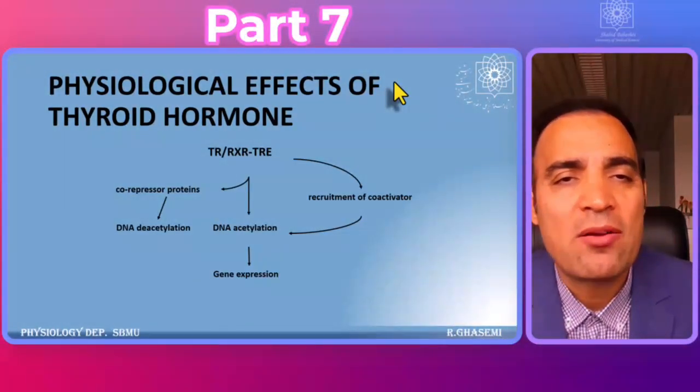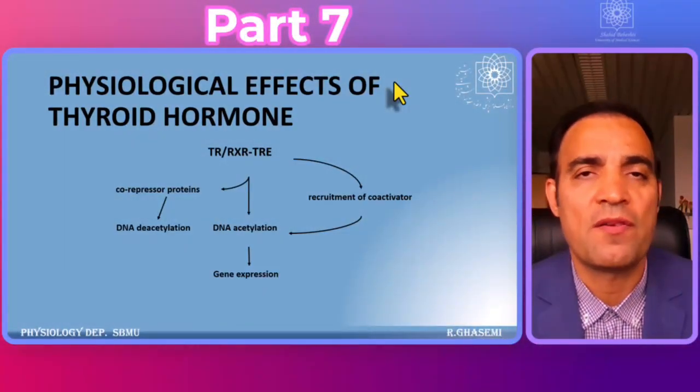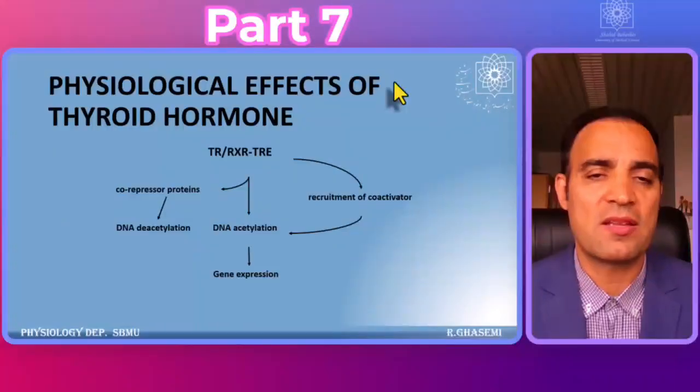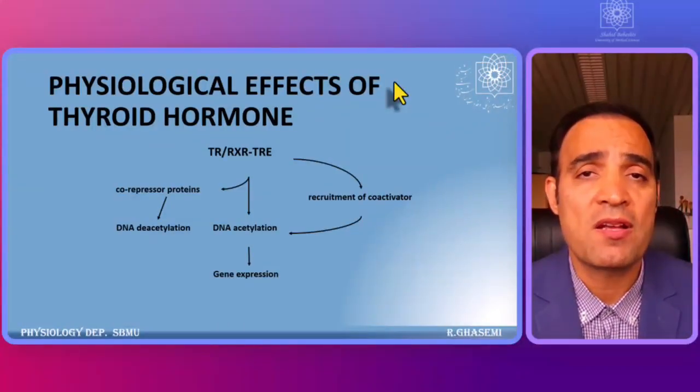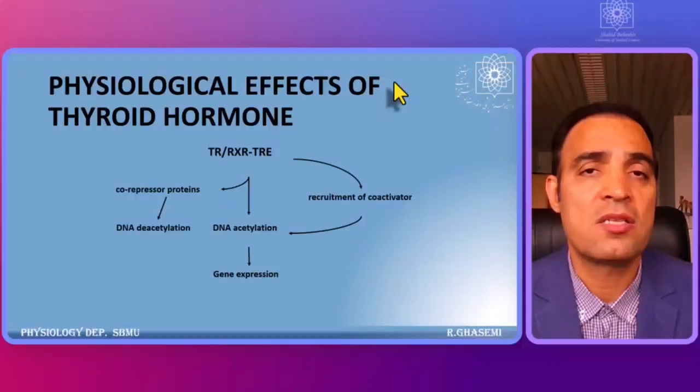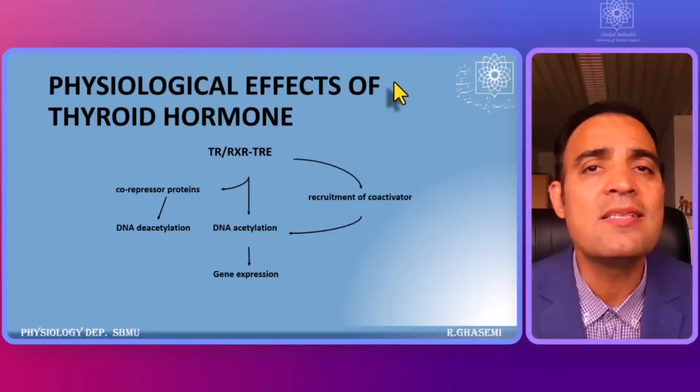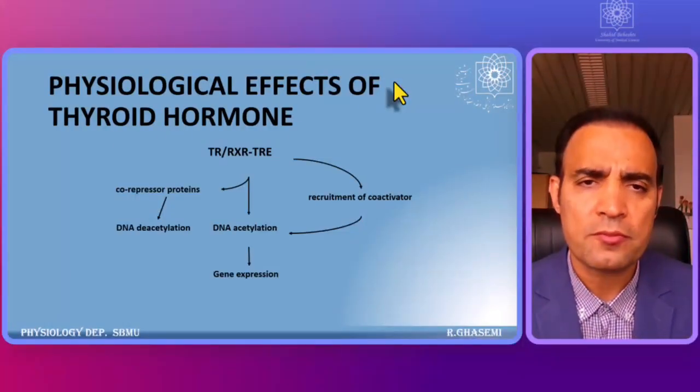When we're talking about the physiological effect of thyroid hormone, we should know that the thyroid hormone exerts its main effect through the receptors that are placed inside the nucleus.